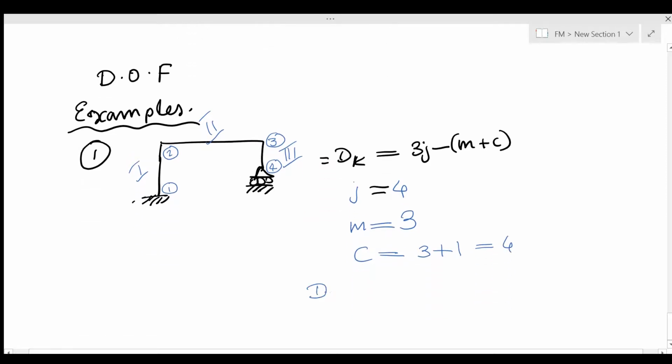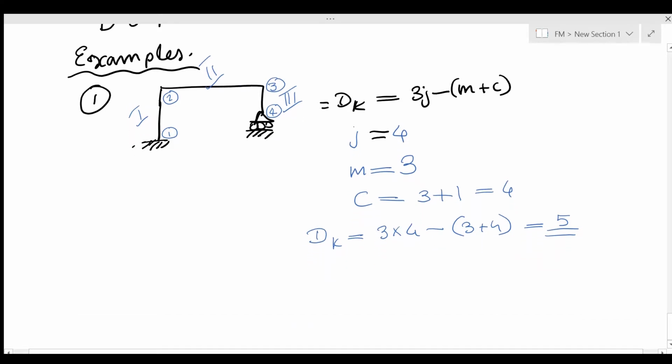So by applying these values into this equation, we will get 3 into 4 minus 3 plus 4, which is 12 minus 7 is equal to 5. So the degree of freedom or number of independent displacements in this particular frame is 5.